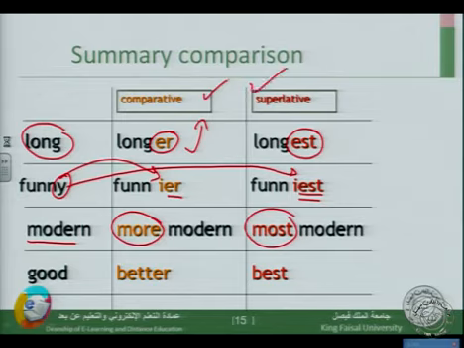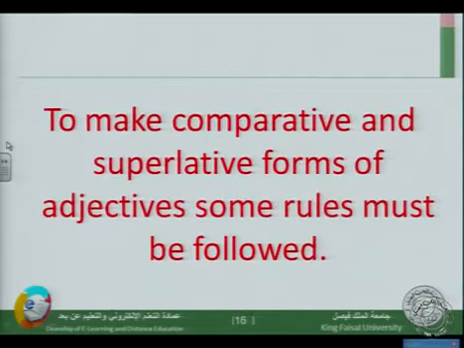We said both comparatives and superlatives have a kind of irregular or an exception. And the exception was good. We cannot say gooder or goodest. We should say better and best. At the end of this class, I will provide you with a list of the irregular adjectives and irregular adverbs.